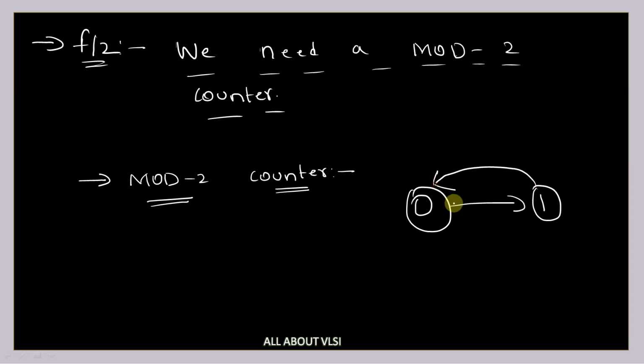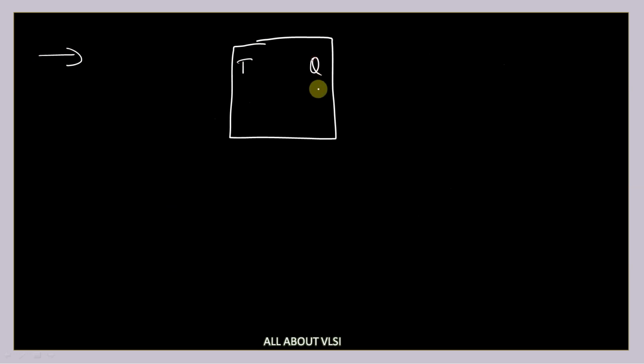A mod number is the number of unique states a counter can count, so there are only 2 unique states. If you want to design a mod 2 counter, you can use a single T flip-flop, with T, Q, and Q bar. You can provide 1 here, and you can provide the clock here.